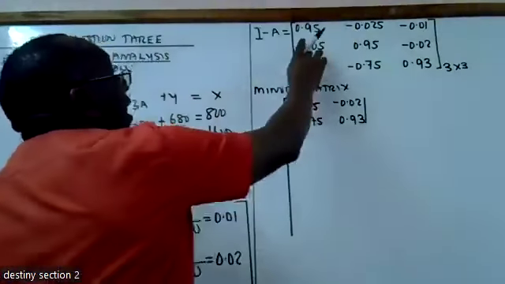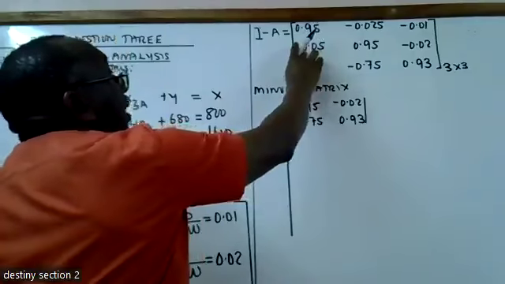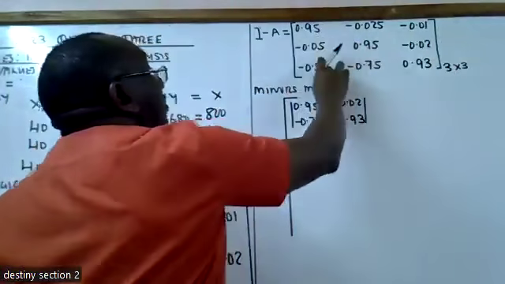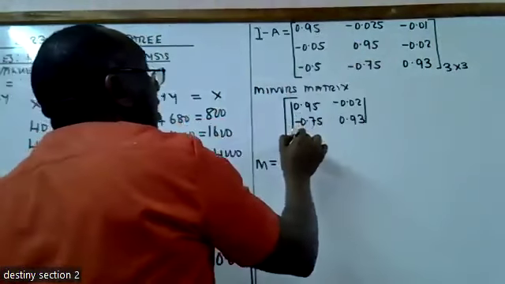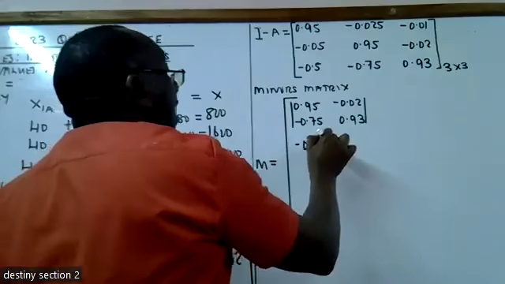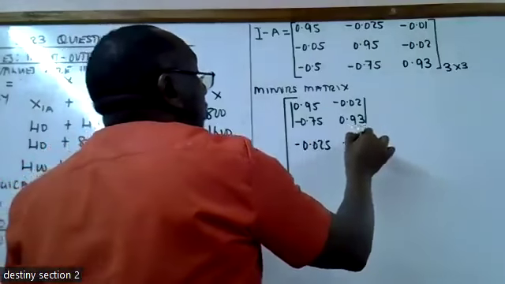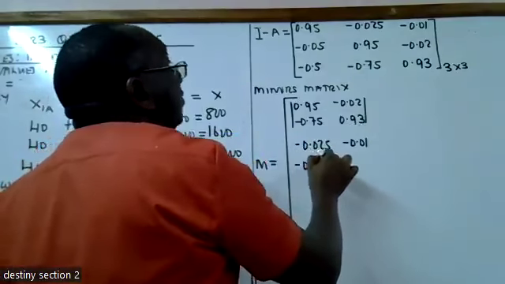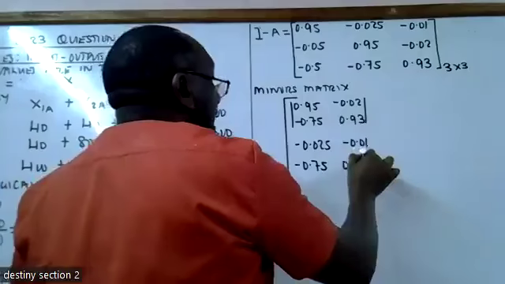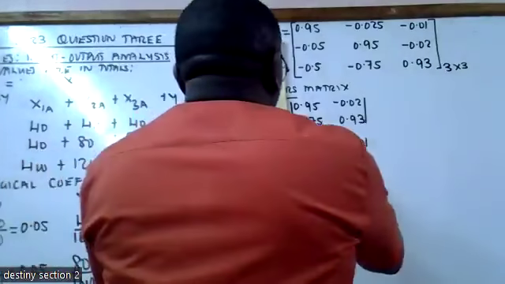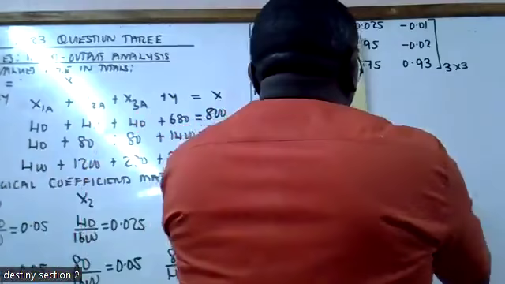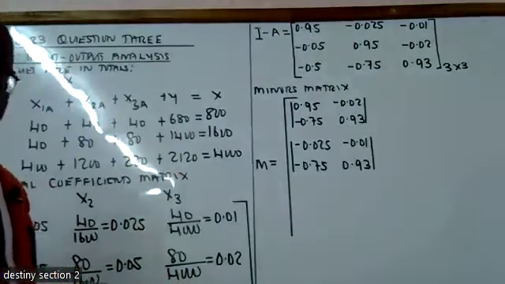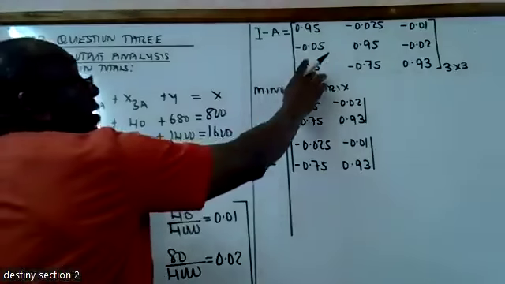Then, tunaweza kuja hapa. Tukikuja hapa, you broke this second row and this first column. Ndio wachwe na minus 0.025, minus 0.01 minus 0.75 and 0.93. So again, unafunga hivi. Haya, sasa tukuje kwa hii.